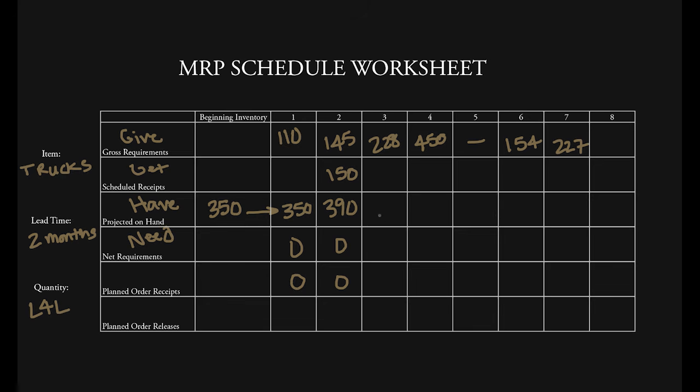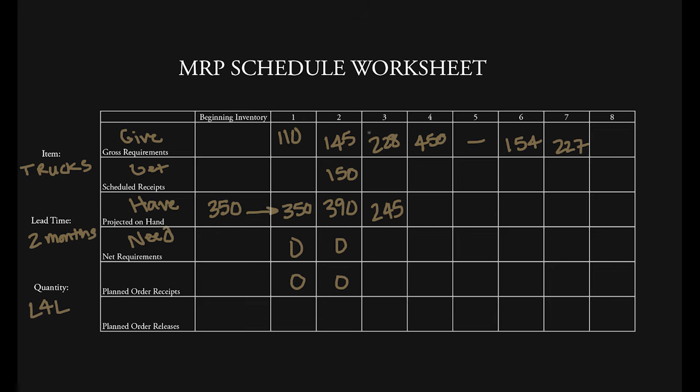For the next period, we have the 390 that we had, plus we ordered 0, minus the 145 we gave away, which leaves us with 245 trucks at the beginning of month 3.